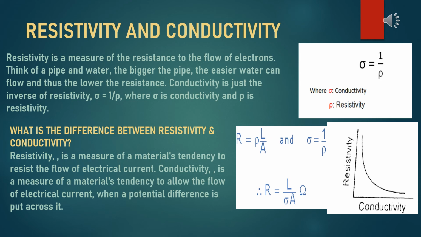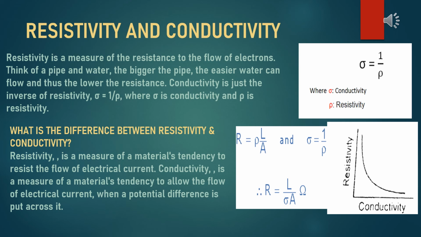You know already from class 8 that rho is equal to resistivity. So, specific resistance. Remember that, where sigma is conductivity and rho is resistivity. Now see the first diagram, where sigma is equal to 1 by rho. This is a formula. Now, what is the difference between resistivity and conductivity?